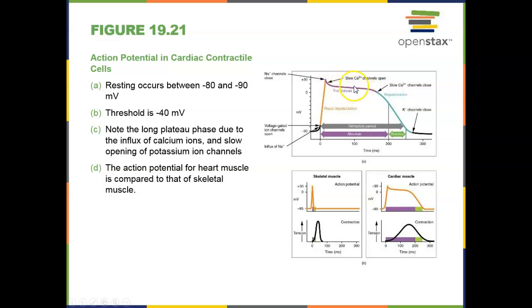So we have this long plateau phase because we have a lot of calcium coming in and we have potassium moving out. So that leaves us with this longer phase before repolarization occurs.